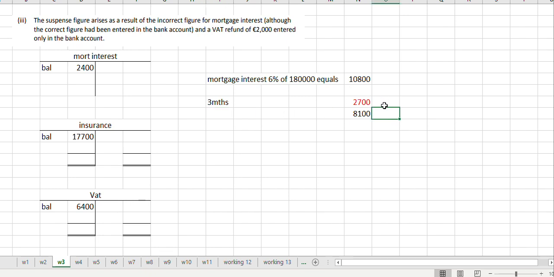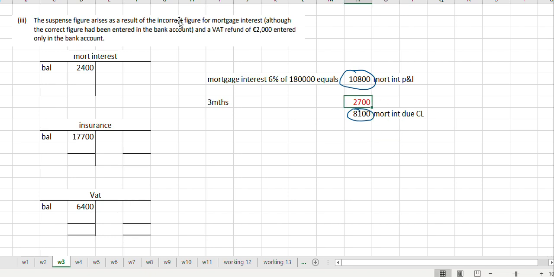So what we have here, a couple of figures. We have 10,800. That is our mortgage interest in the P&L. The 8,100 is mortgage interest due, which is a current liability.